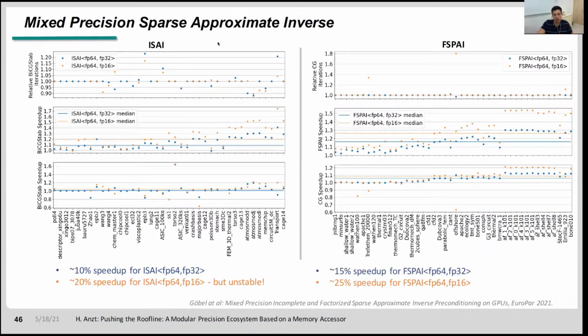And we see here for incomplete sparse approximate inverse and factorized sparse approximate inverse that we, on average, have a 10 to 15% speedup of the preconditioner if we store the preconditioner in single precision. And if we store the preconditioner in half precision, we even have a 20 to 25% speedup, but some cases where we lose convergence.